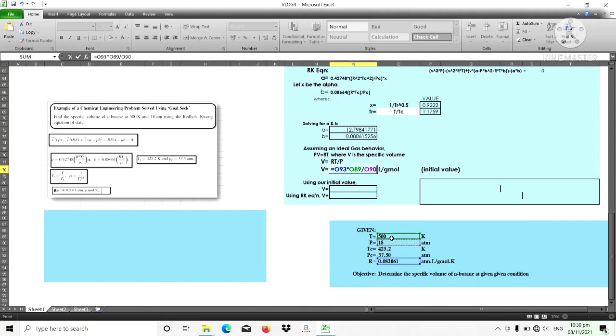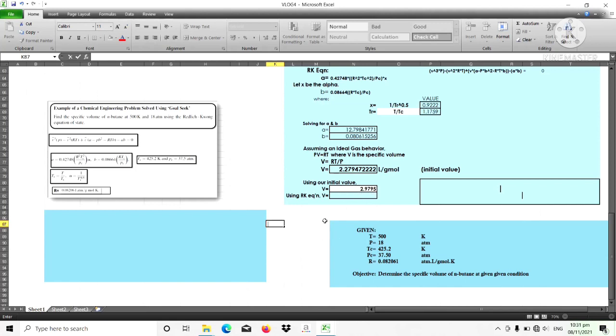Then click enter. So we have the value for V, which is 2.27947222. So using our initial value, our value for V is 2.9795.